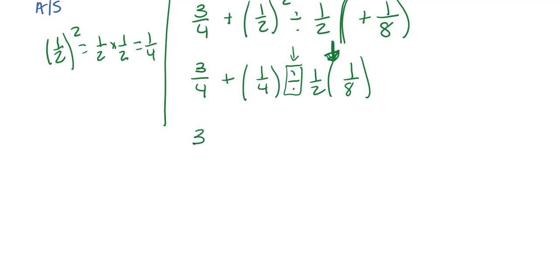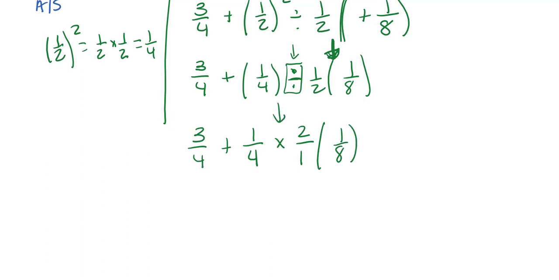So we have 3/4 plus, and in order to do division with fractions, we take 1/4 and change it to multiplication by taking the reciprocal, so that's 2/1, and we leave the 1/8. Now let's do this part.